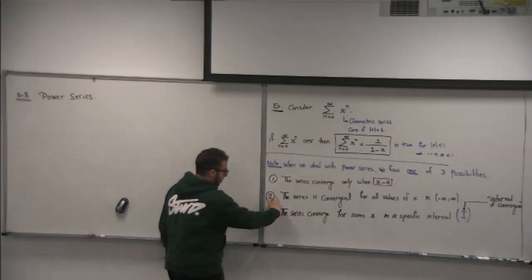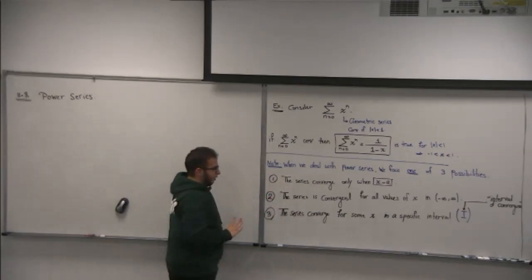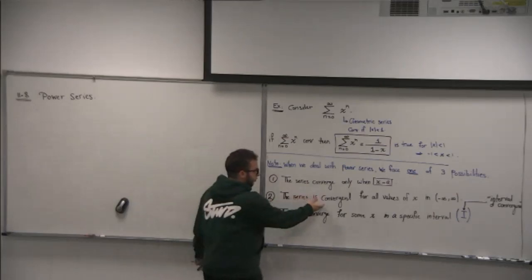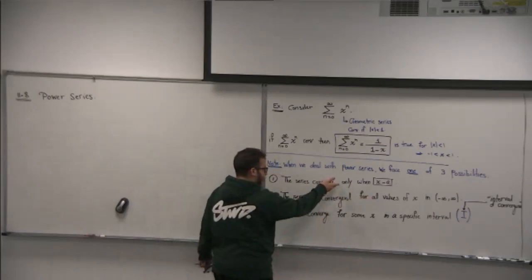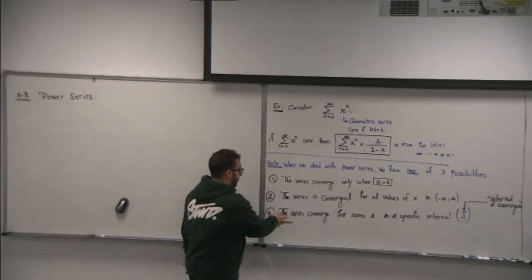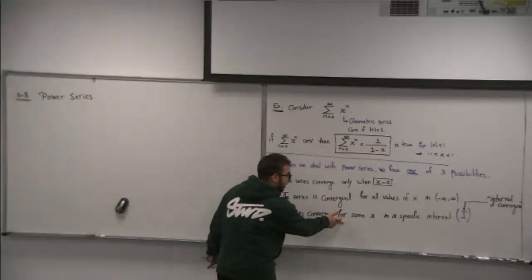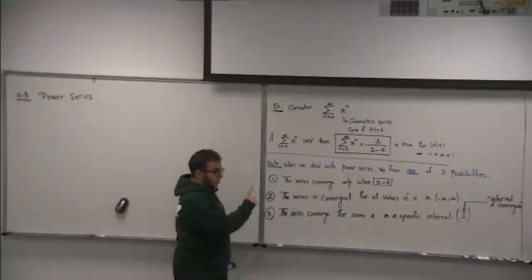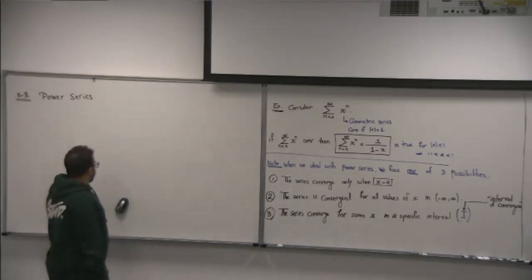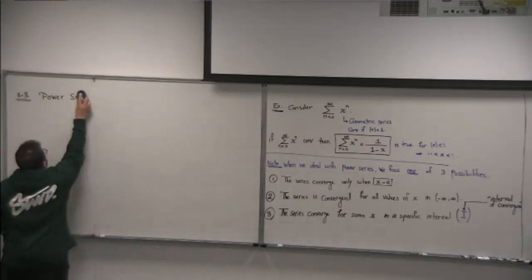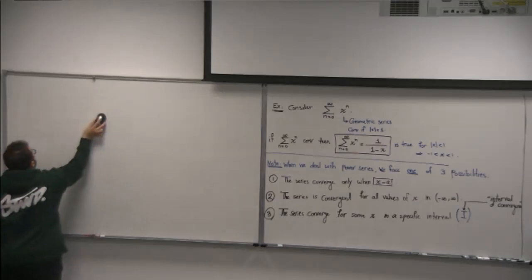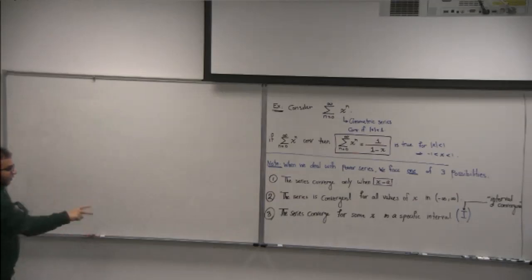But these two include this automatically. If the series is convergent for all x in minus infinity to infinity, then it has to converge at a. And if the series converges at some interval, then that interval must contain the center of the power series, and you will see now. So cases 2 and 3 contain case 1 automatically.